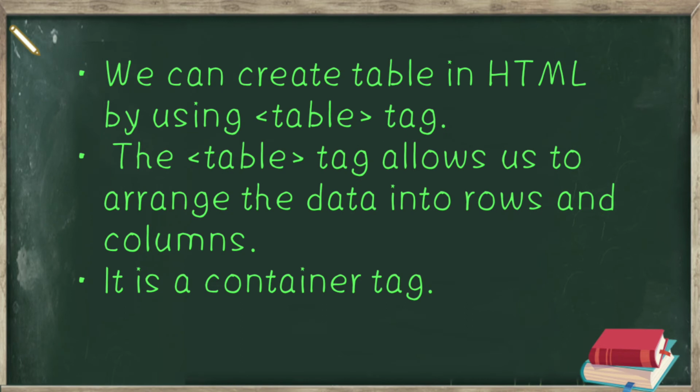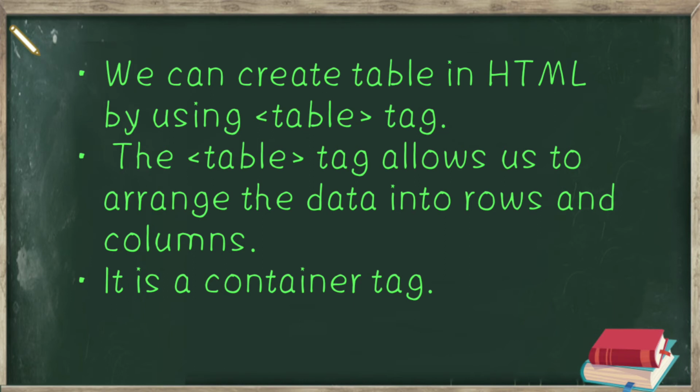Next, let us see how to create a table in HTML. In order to create a table in HTML, we will be using the table tag. A text which is enclosed between angle brackets is called a tag.